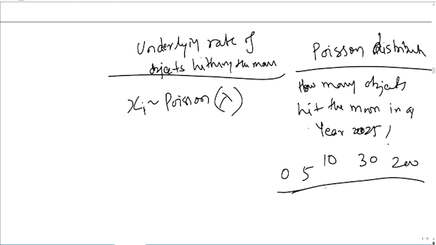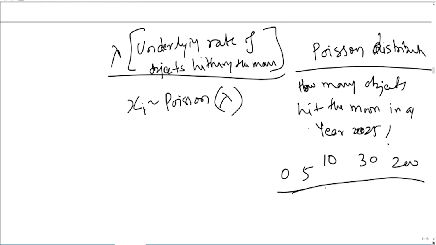So let's say xi, the number of objects that hit the moon in the ith year, is given by a Poisson process with underlying parameter lambda, where lambda is the underlying rate with which objects hit the moon. So it is the rate of something happening. You can think of another example as well.